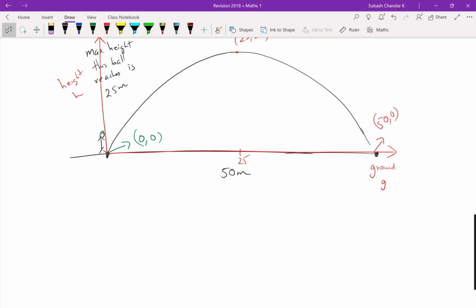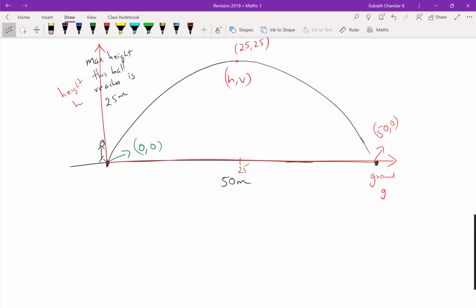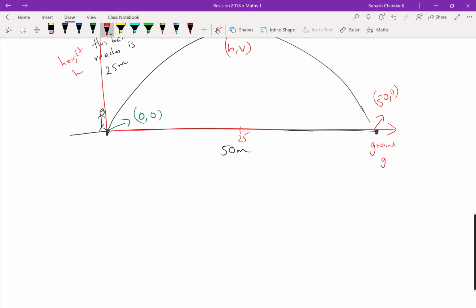So with the vertex form, I've got H and V here, which is 25 and 25. So I can rewrite this as, instead of Y, I'm going to use H equals A. Now instead of X, I'm going to use G. So G minus 25 squared plus 25.